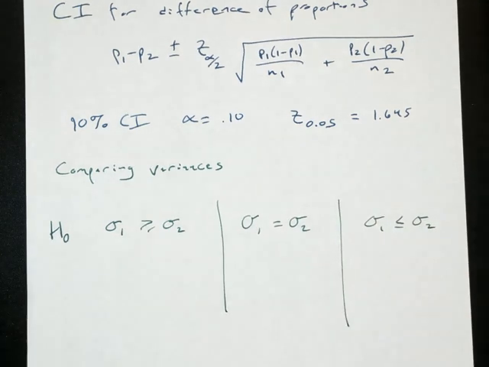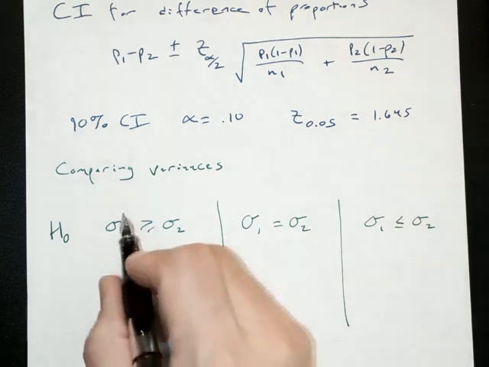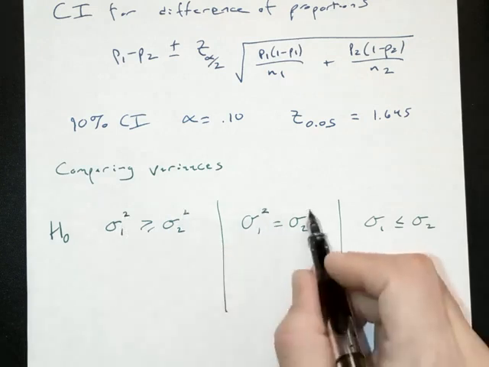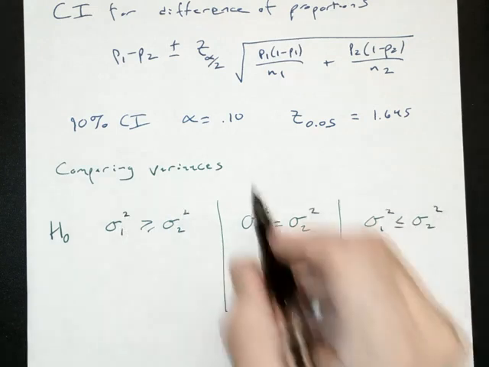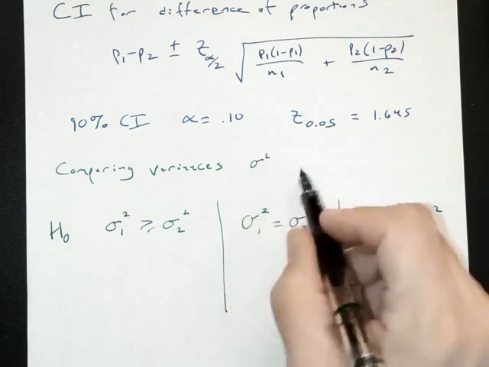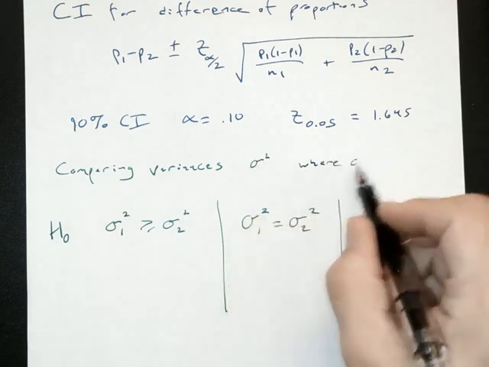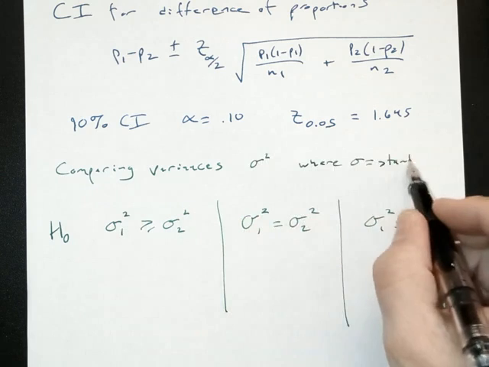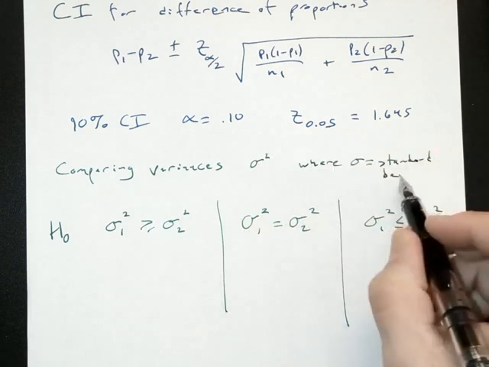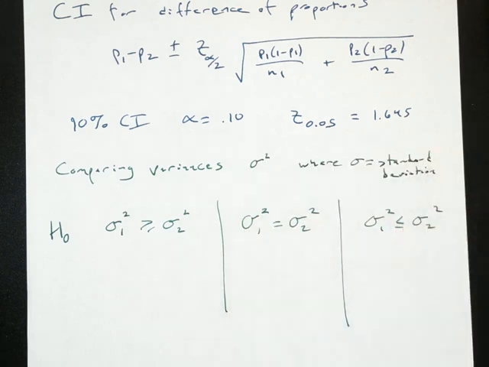Now, I wrote down standard deviation. The textbook uses variance. Only difference is we square these numbers. Variance is the square of the standard deviation.